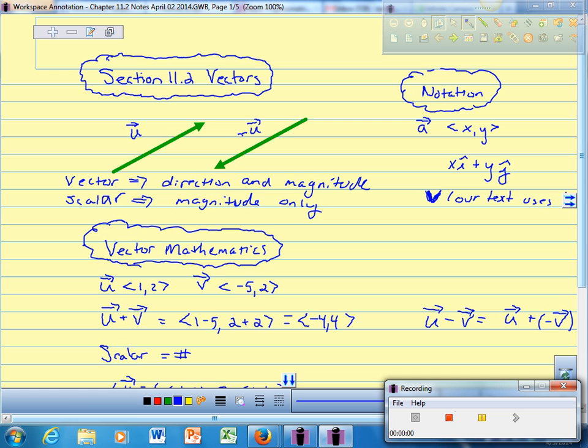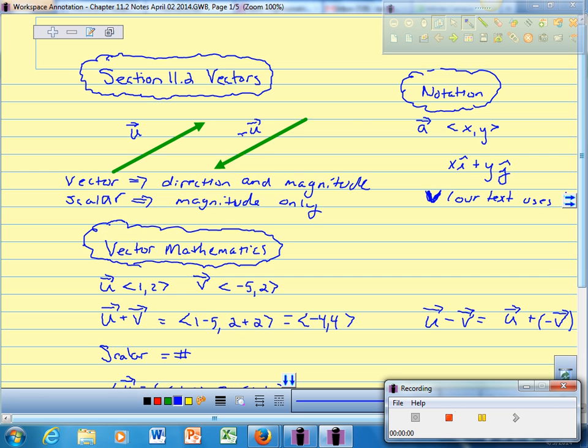And you also will see it as an x-coordinate times what's called i hat plus a y-coordinate times j hat. i hat and j hat are the unit vectors in the x direction and the y direction. So basically it says I'm going x units in the x direction and y units in the y direction. You should have read in the book also that the unit vector is called the direction vector. It just helps you realize which way we're going.